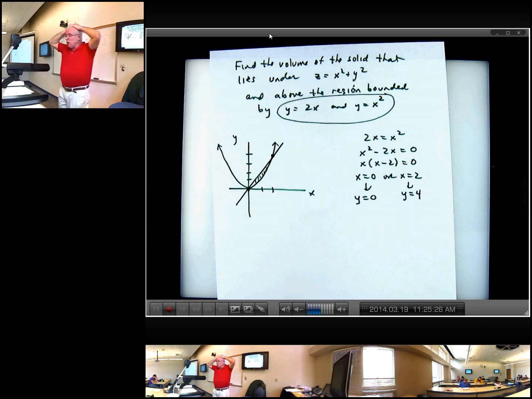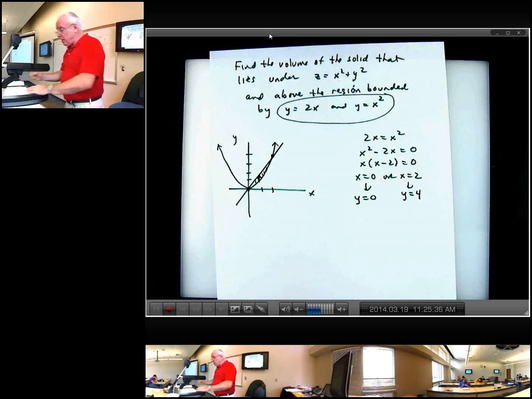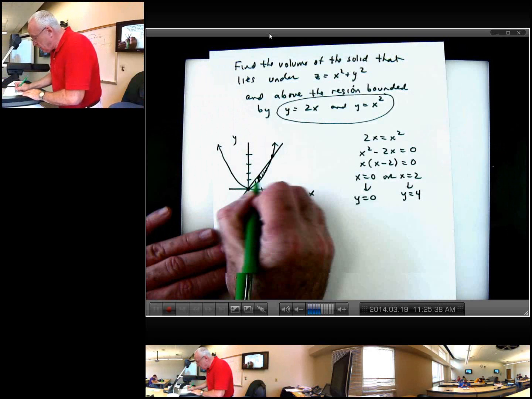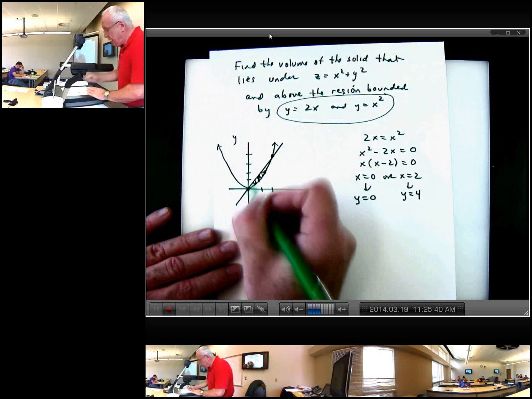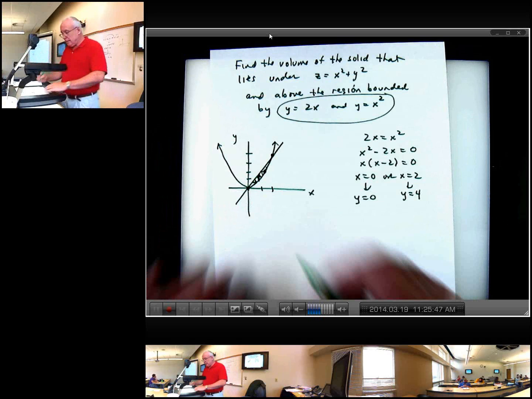But I can draw a vertical arrow connecting those 2 curves, and that'll be entirely within our region. Or I could go the other way. I could draw a horizontal arrow anywhere here, and that stays within the region also. So it's either one. So it's type 1 and type 2.